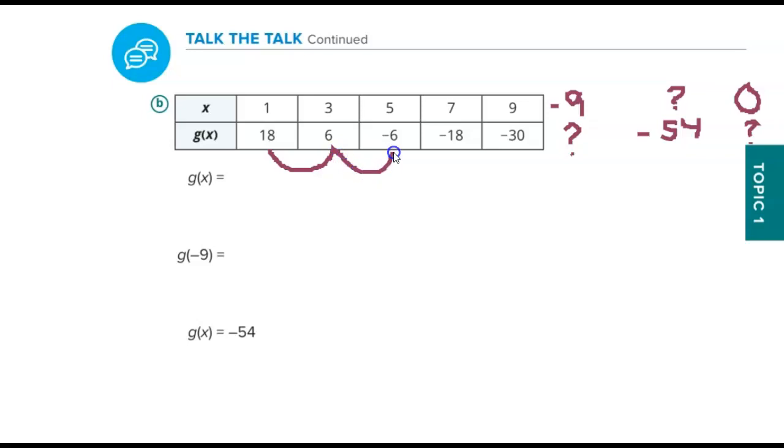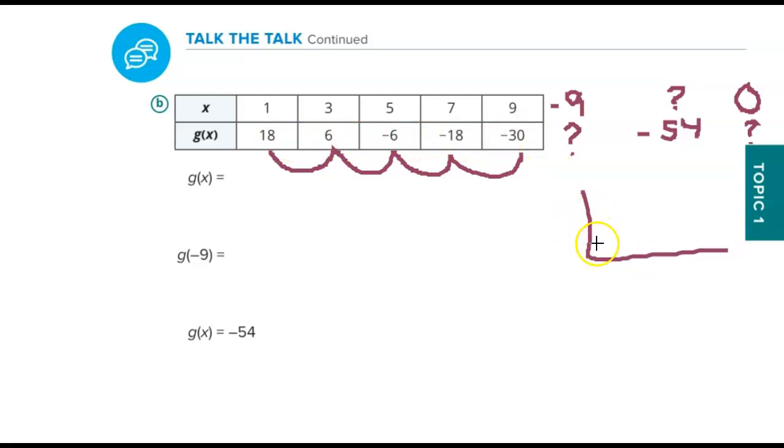If I do -6 minus 12, I end up at -18. If I do -18 minus 12, I end up at -30. So as the x values increase, my y values go down by 12.